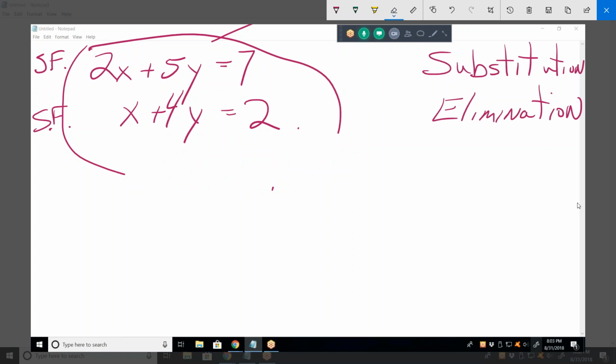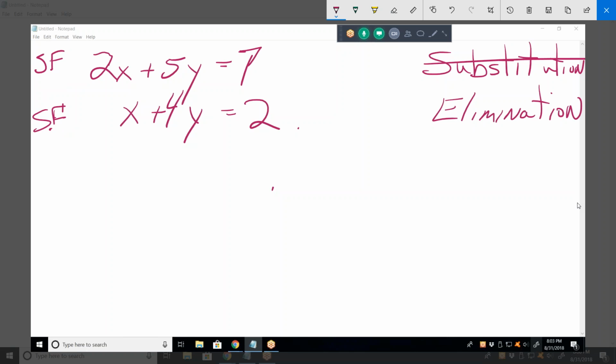So let's erase that and all this other stuff. The important thing to realize is that they are in standard format. In other words, the x's and y's on the left, the numbers are on the right. So we're not going to use substitution, we're going to use elimination.